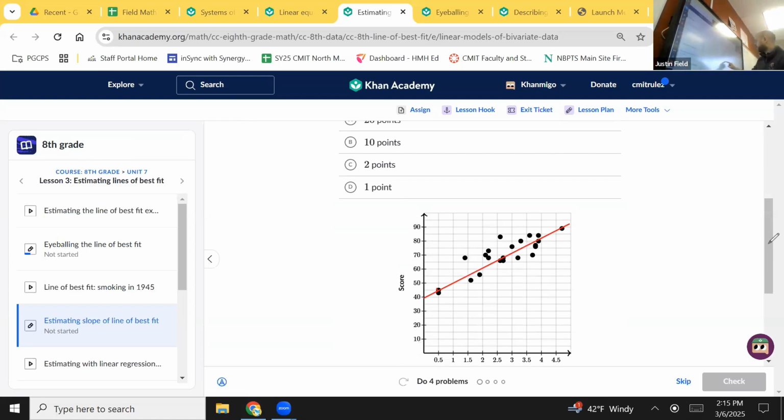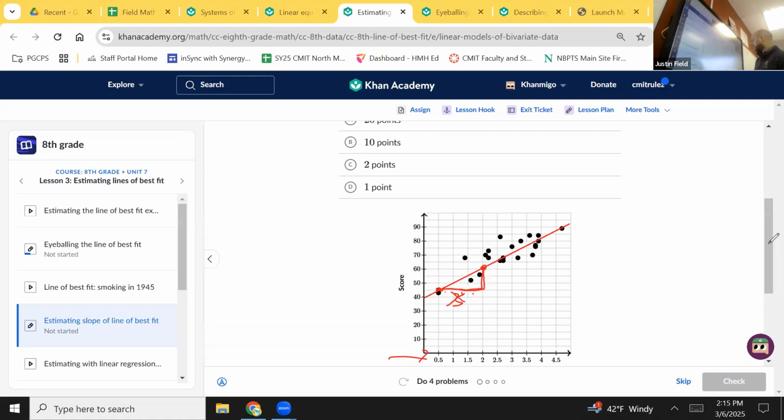And now I'm going to pick 2 points on that line, draw a slope triangle. And I got 1, 2, 3 boxes. But if you look at the axis, it's not 3 because they're counting by 0.5s.